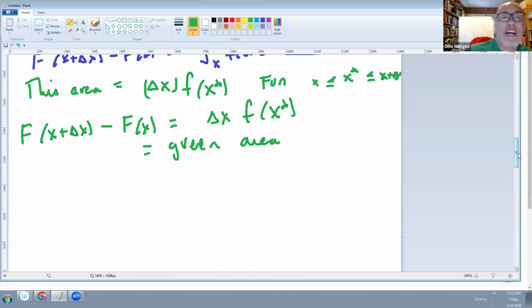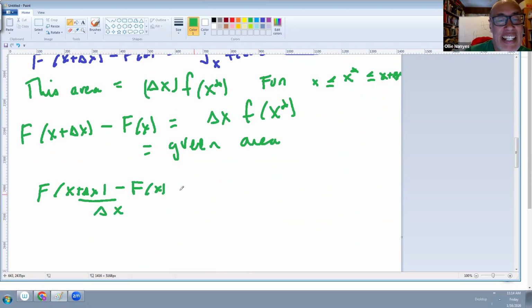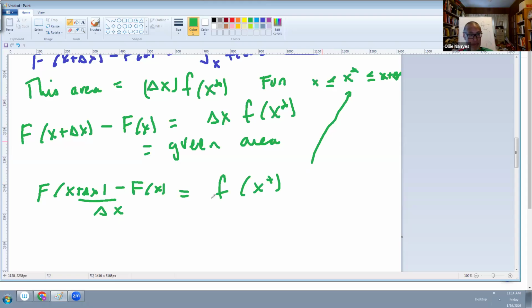So now you know what's coming. This looks like the start of a difference quotient. That looks like what you divide by. So let's divide by it, and that's equal to f of x star. Now that's a mean value theorem kind of argument, where x star is somewhere in between.